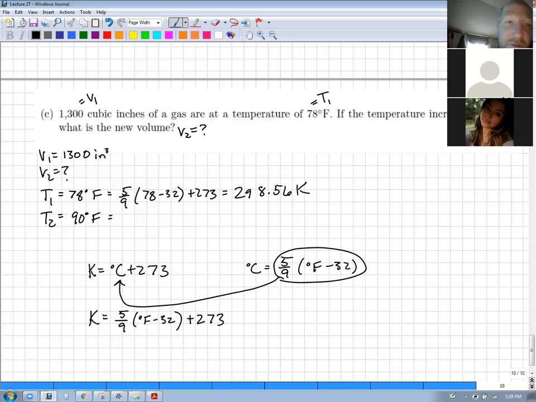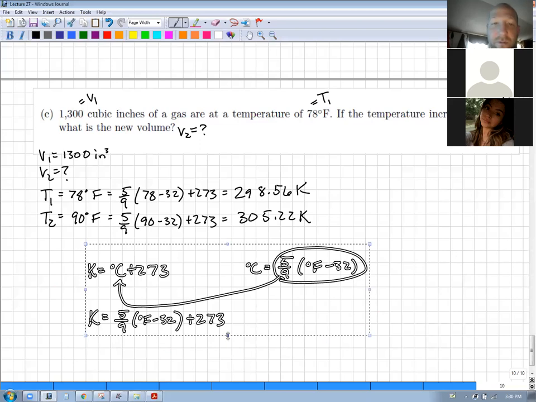So this would be 5/9 times (90 minus 32) plus 273. So 90 minus 32 times 5 divided by 9 plus 273 is 305.22 Kelvin.